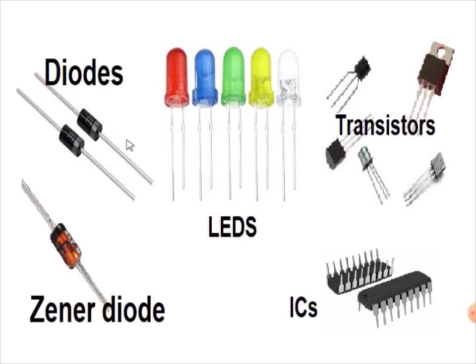These semiconductor junctions led to the discovery of ICs, what we call integrated circuits. Even a large network of circuits can be combined and packed into a small piece, what we call chips. These integrated circuits or ICs have been used in almost all the modern electronic gadgets. So semiconductor is very important and needs to be learned.